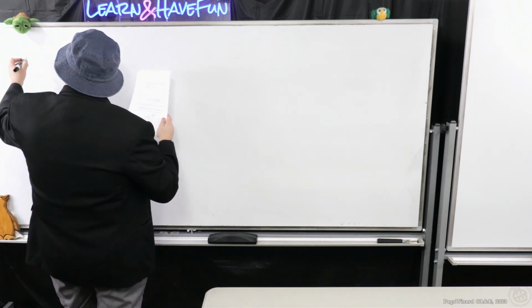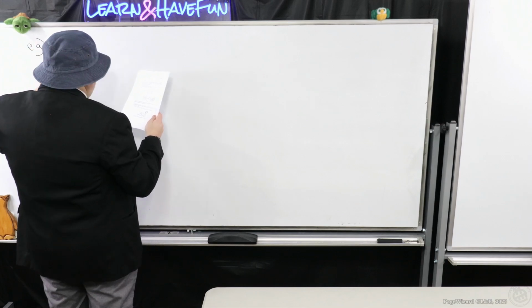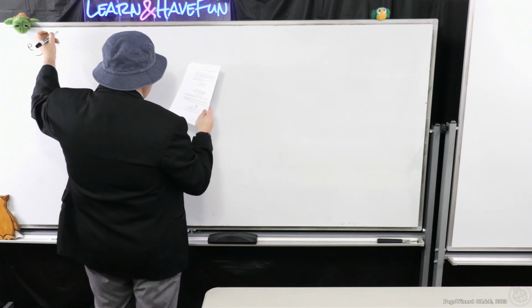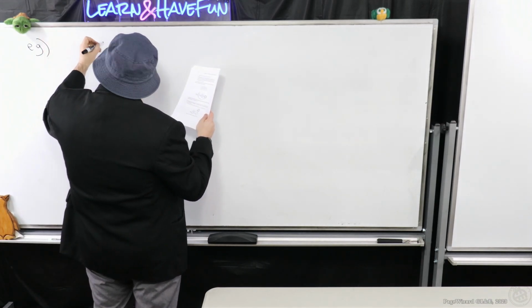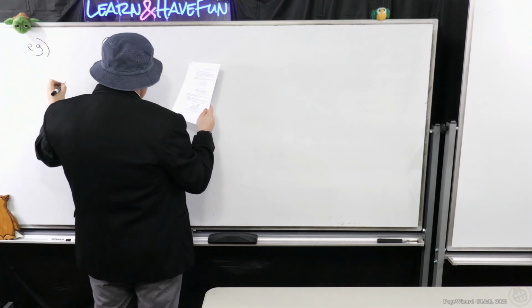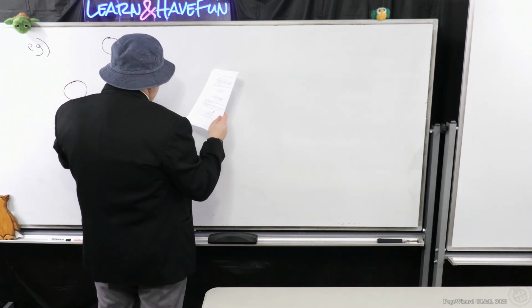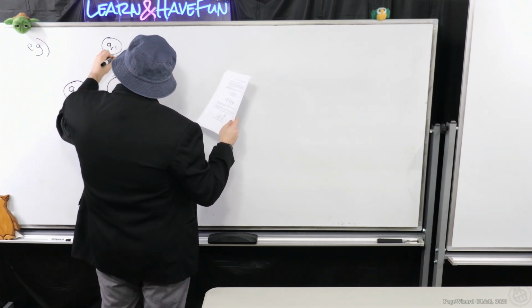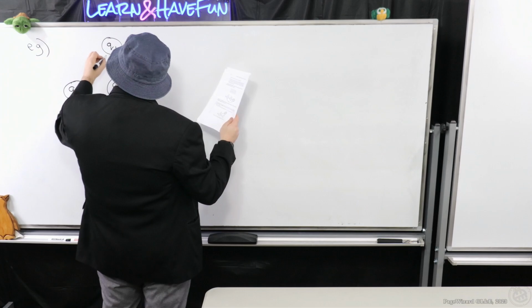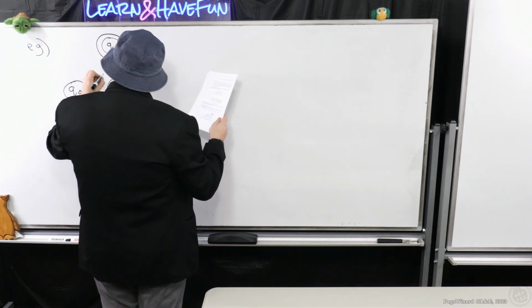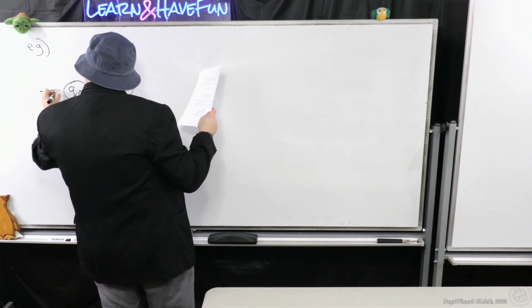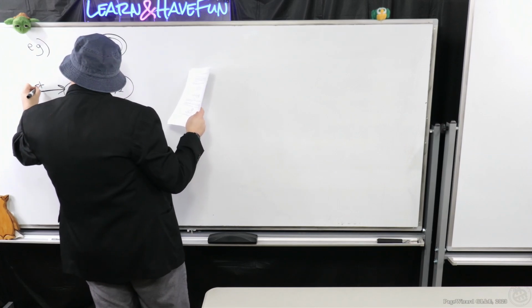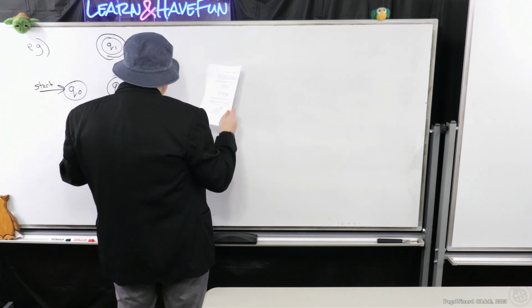So let's consider the following NFA, or non-deterministic finite automaton. We're going to call this one N1, but here we go. It's going to have three states, Q0, Q1, and Q2. Q1 is going to be a final state. The start state is going to be Q0 here, just to keep things simple for us.